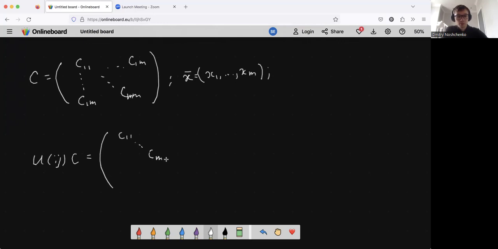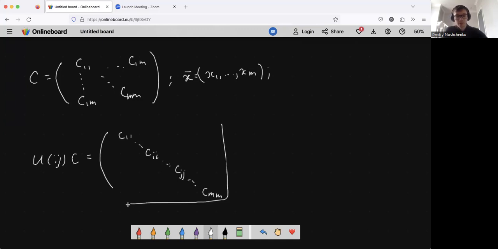The first block is of the same size, with entries CII, CIJ, and CMM, and then we have the additional node which we append.